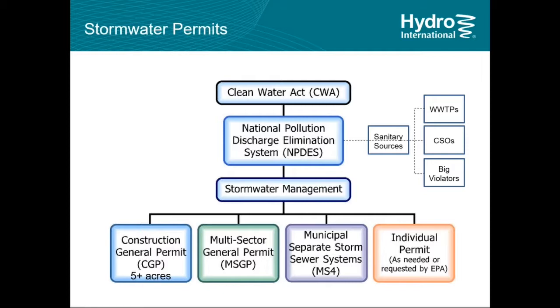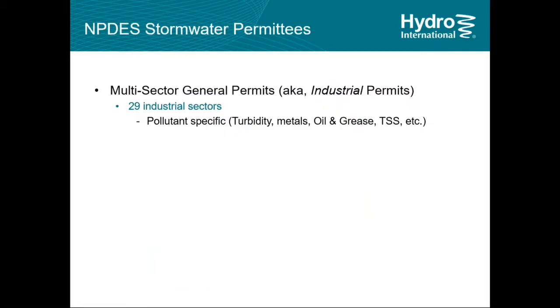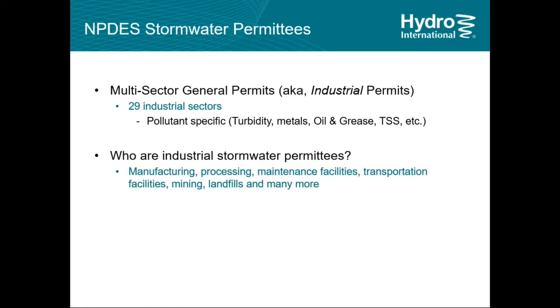Obviously, what I'm focusing on today is the multi-sector general permit, also the IGP. There are 29 industrial sectors in the multi-sector general permit, hence multi-sector. Again, IGP is what I call it. They are pollutant specific, and they're based on your SIC code primarily, but they are tied to what you do, what kind of operation you have on your facility.